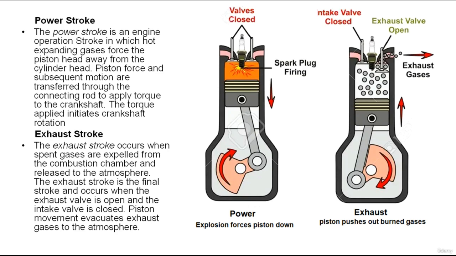As the piston nears TDC, the top dead center, the exhaust valve begins to close as the intake valve starts to open. The exhaust stroke completes the 4-stroke cycle, and the opening of the intake valve begins the cycle again. This cycle occurs in each cylinder and is repeated over and over as long as the engine is running.